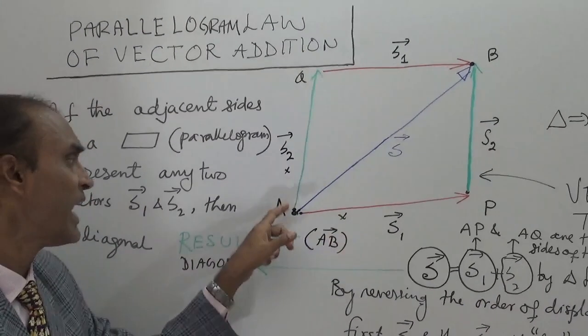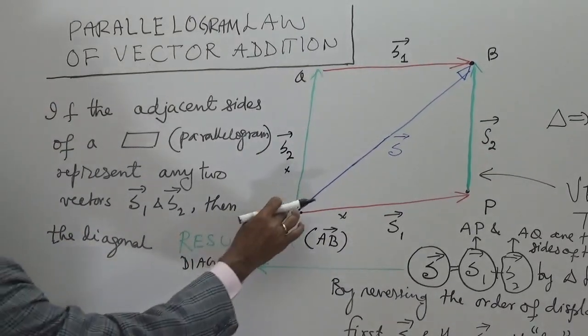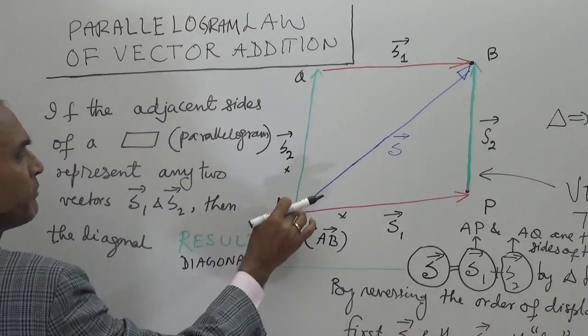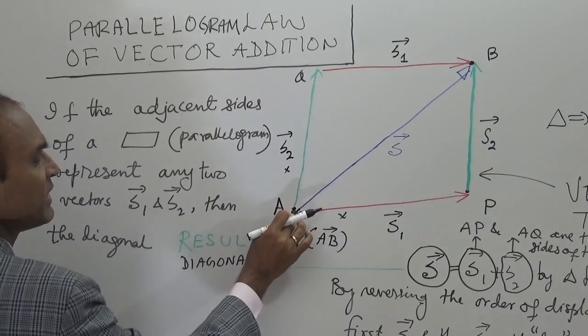The one that passes through the tails of these two vectors. These are the tails of these two vectors, the common tail, because these tails meet at this point A.